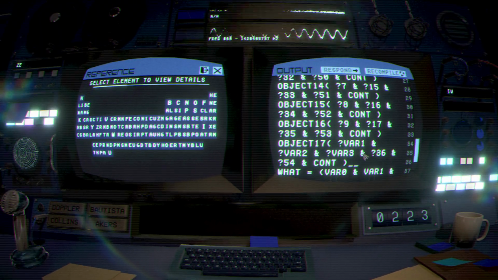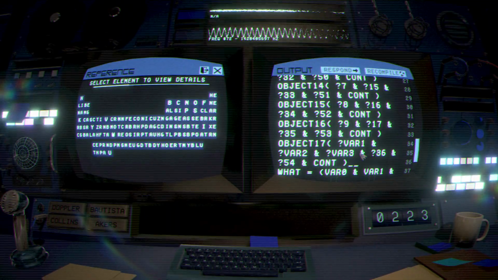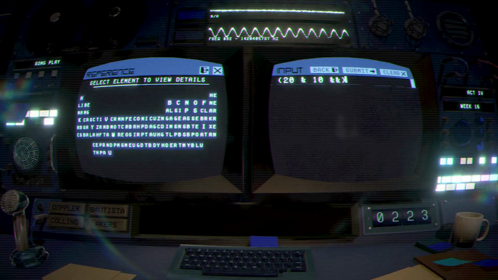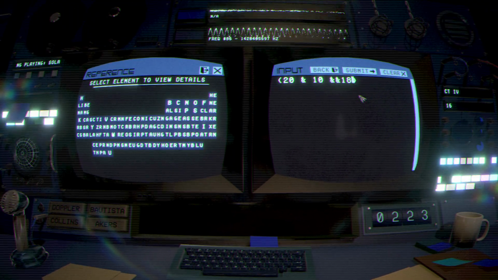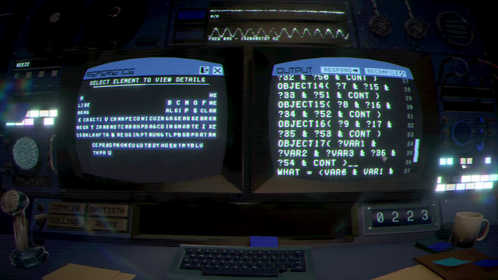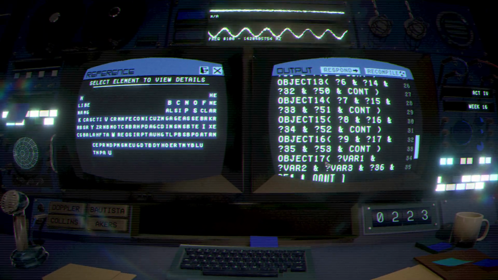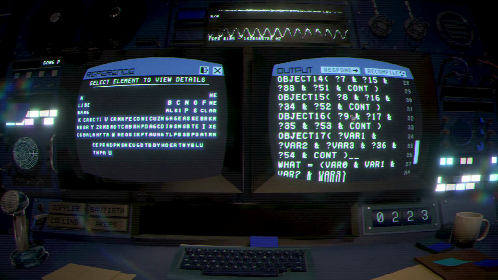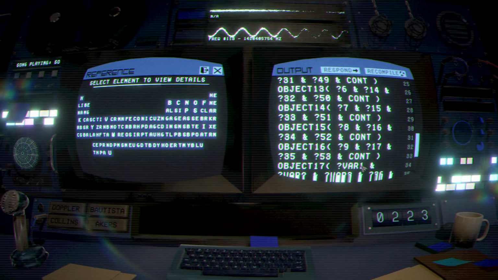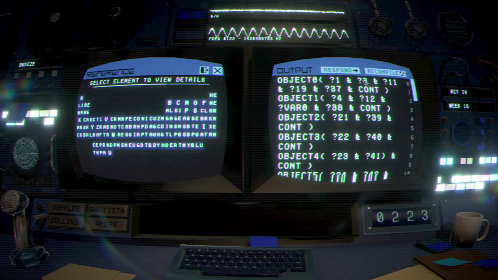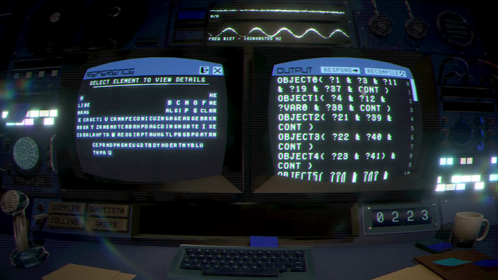Lord, would it? I think variable 3 would be 18. What is variable? 1, 2, 3, 4, 5, 6 variables. The last one that had 6 variables.